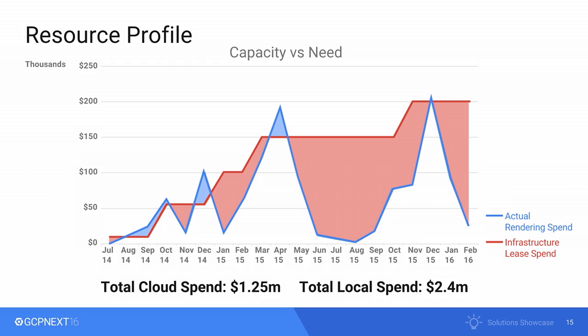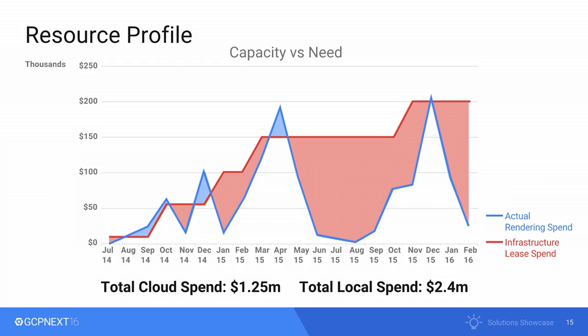In this traditional environment, resources are acquired to try to cater to the peak need. The time, effort, and money required to implement that additional hardware means that the resource profiles plateau around the last peak need, and they can't adjust downward to match the actual render workload at given times.